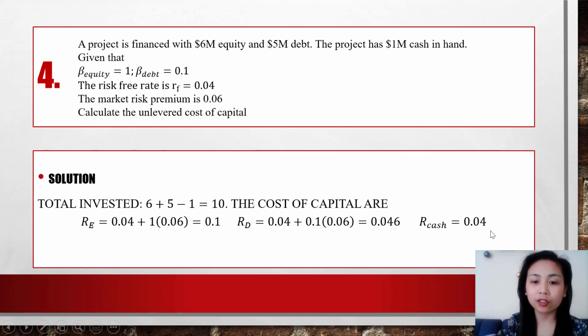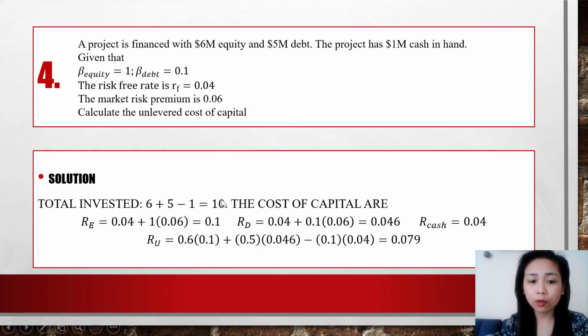Now we find the average cost of capital, that is the unlevered cost of capital. We got 0.6, the proportion of equity, times RE, which is 0.1, plus 0.5 times 0.046. 0.5 here is because 50% is debt, and 0.046 is RD.